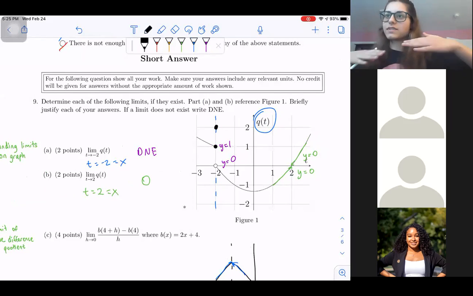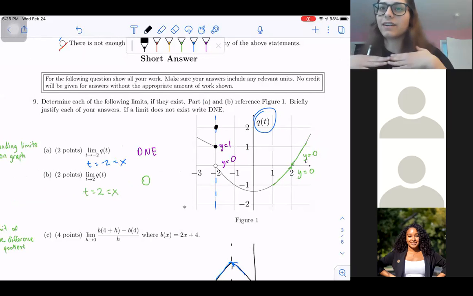If your arrows are not meeting, your limit does not exist. So when both arrows are coming in at the same spot, that would be the answer. Yes. Because if you're coming in one way and you're getting y = 2 and the other way is y = 0, no matter if your circles are open or closed or no circles at all, your limit cannot exist because you'll have two different answers and can't write two answers, right?